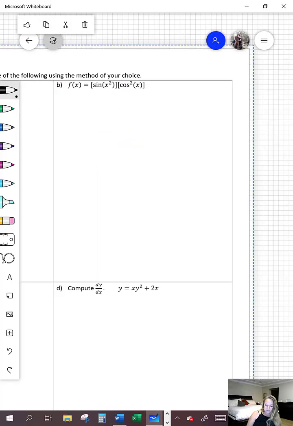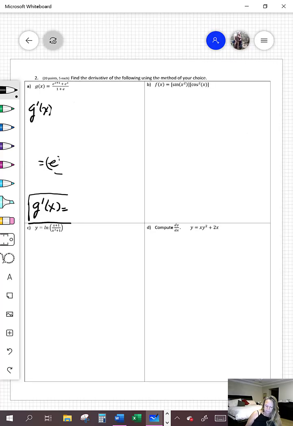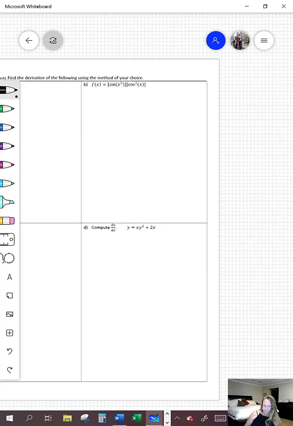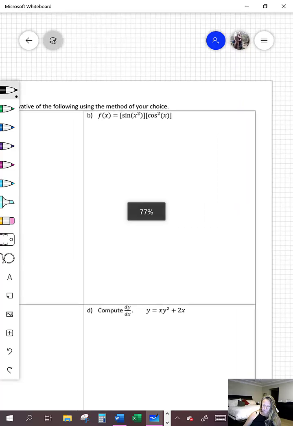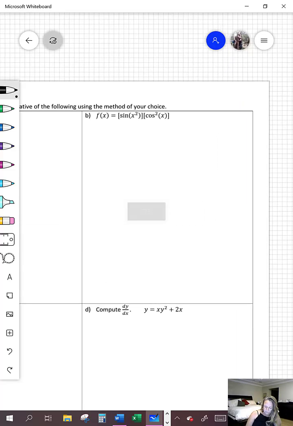This is the same thing as saying f of x is equal to sine of x squared. But this cosine squared of x, that's the same thing as saying cosine of x quantity squared.